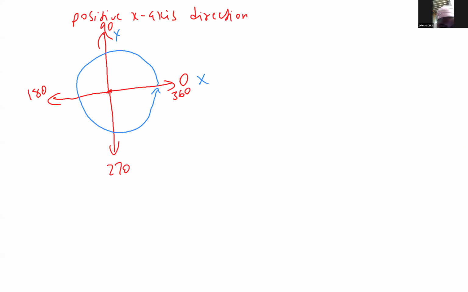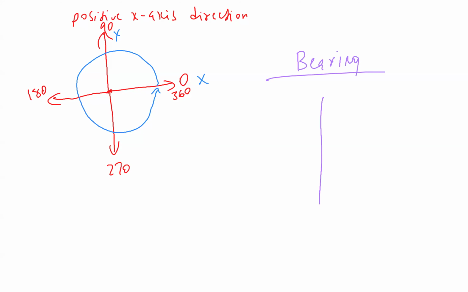Can I also show you the bearing? Okay, the issue of bearing. For bearing, you must write at least three digits before the comma. So let us have a Cartesian plane here. Bearing, we start from the positive y-axis.